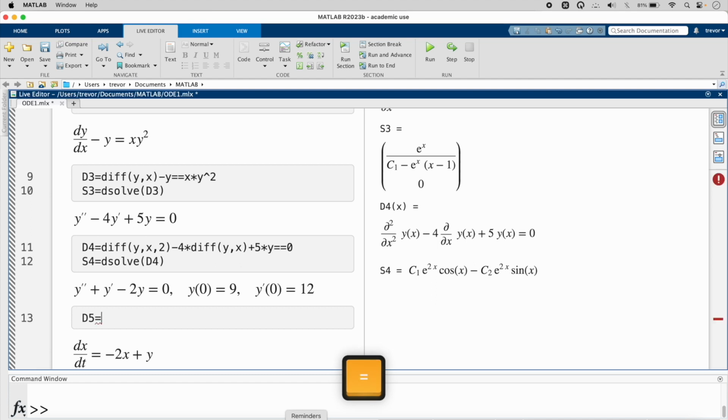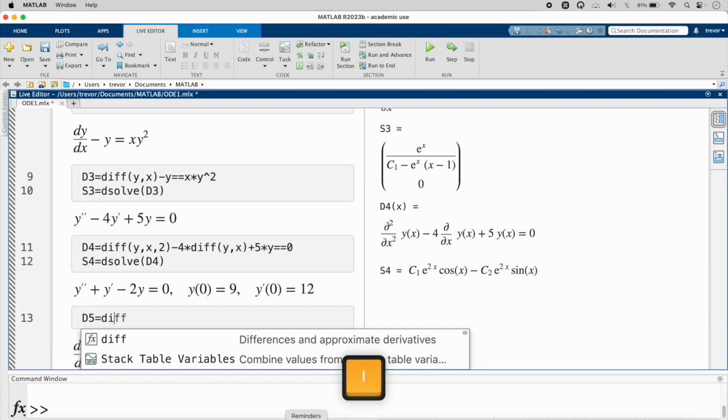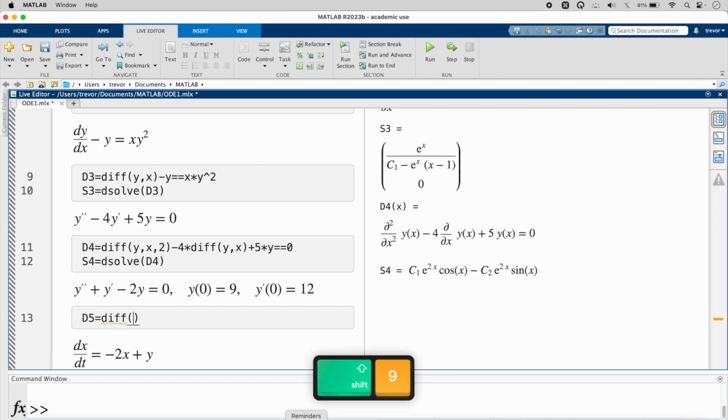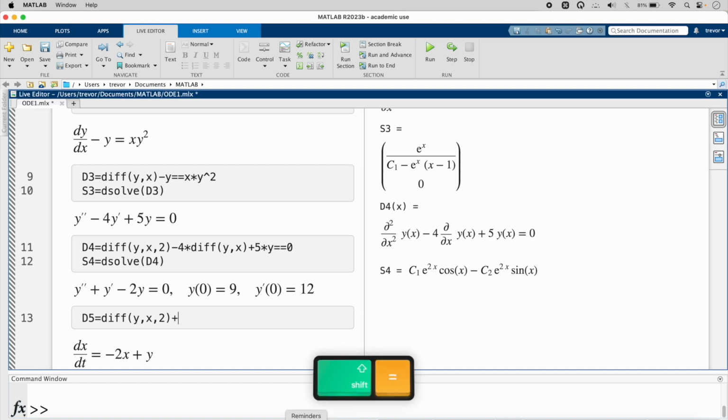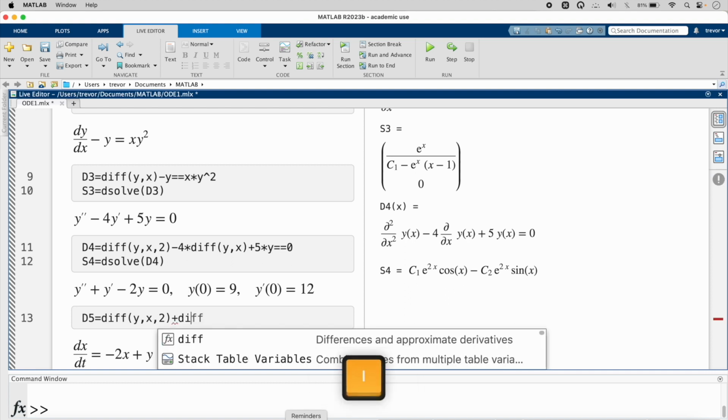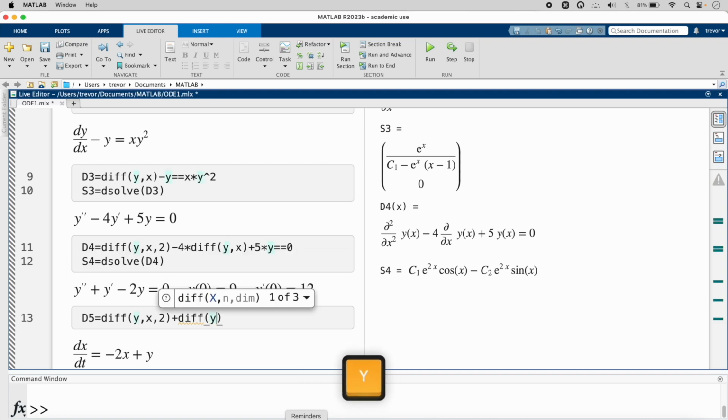So my d5 will be equal to the second derivative of y with respect to x, so I specify the 2 there, then plus the derivative of y with respect to x, and then minus 2 multiplied by y. Define the equation by double equal signs is equal to 0.